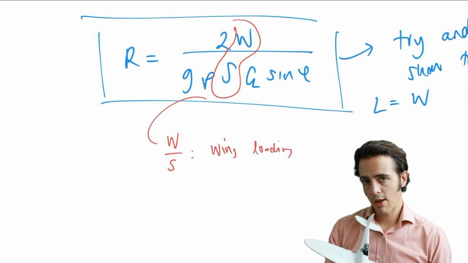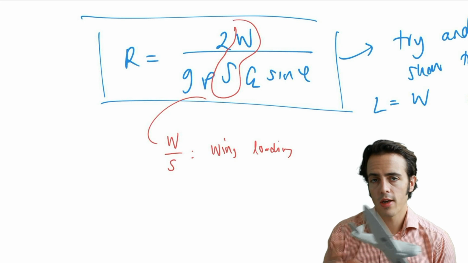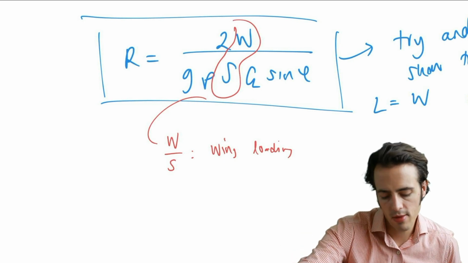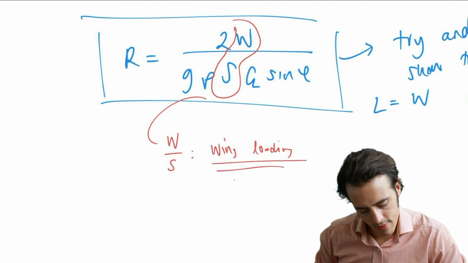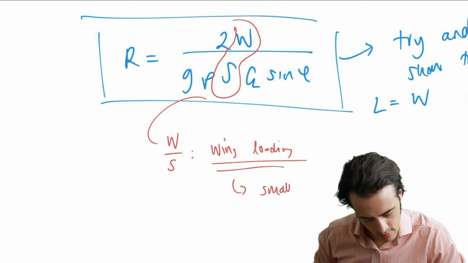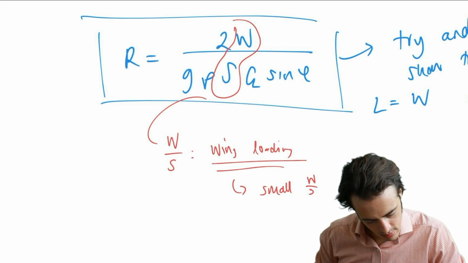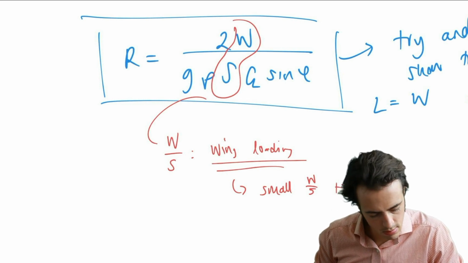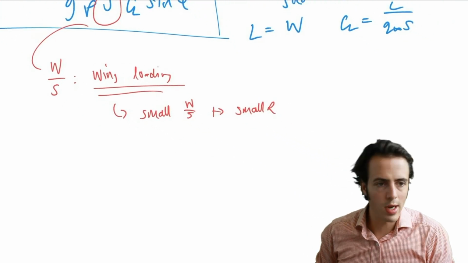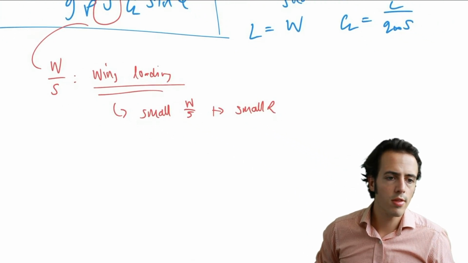So a small value of wing loading gives us a smaller turn radius. Small wing loading gives us a small turn radius.